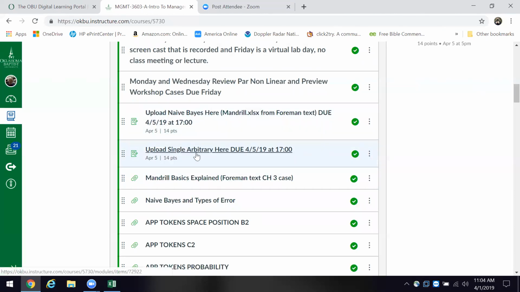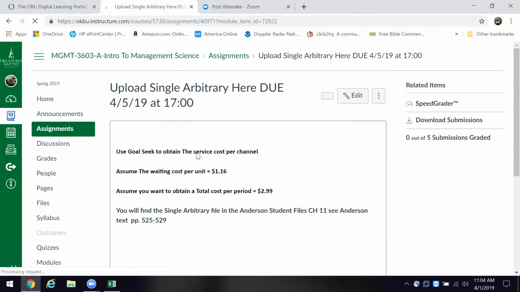For Single Arbitrary, there's a file over there in chapter 11 in the Anderson text. The discussion of that is on pages 525 through 529 in chapter 11.